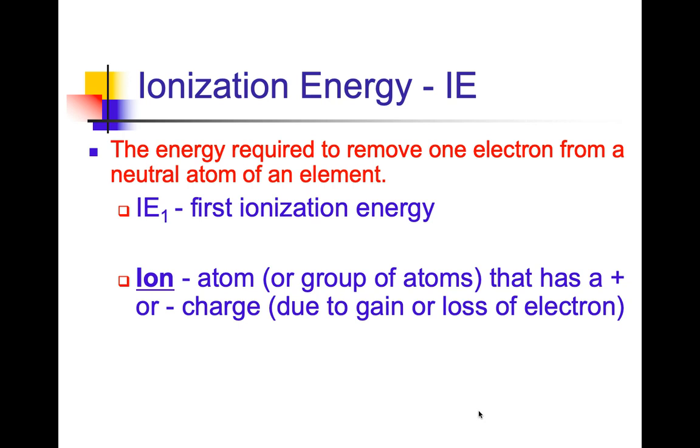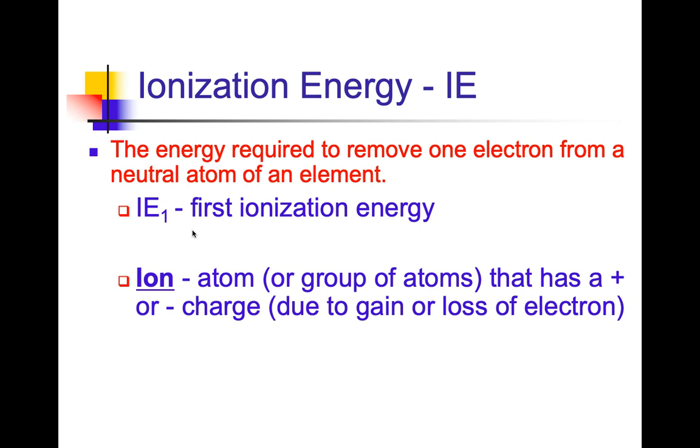Okay, and when we talk about the first electron to be removed from a neutral atom with no charge, we talk about IE1. And you can see that little subscript 1 right here. IE1, first ionization energy. So you're taking away an electron from a neutral atom. This always takes energy. Okay, it's endothermic. Energy is going in to pull that electron away from the nucleus.